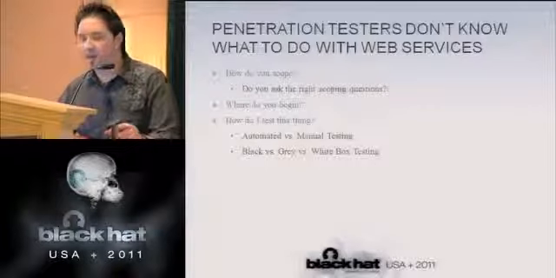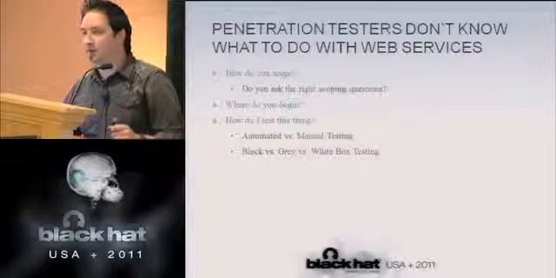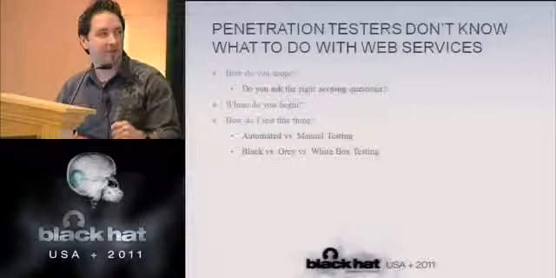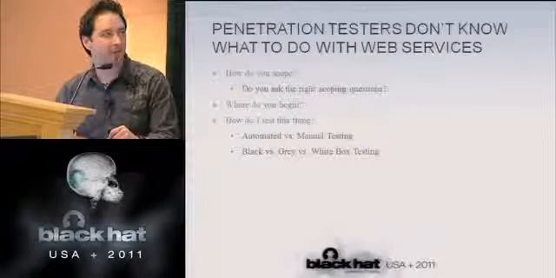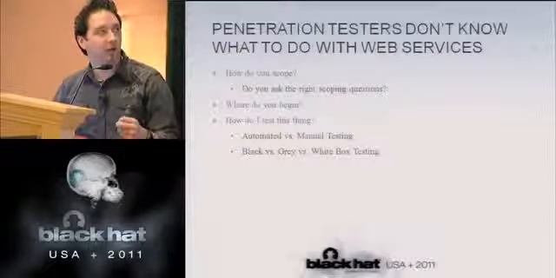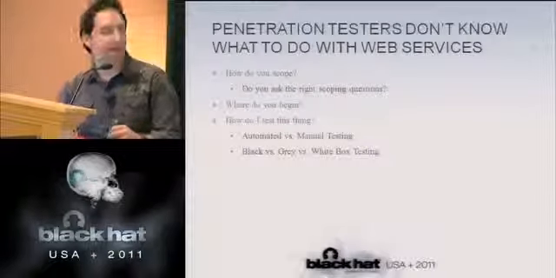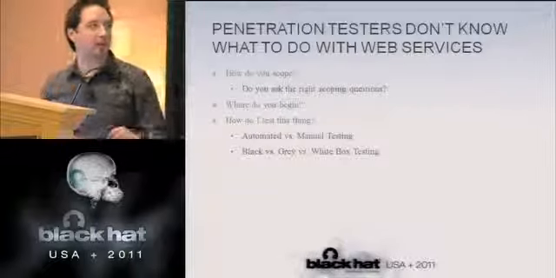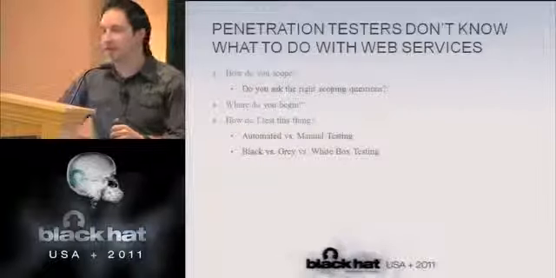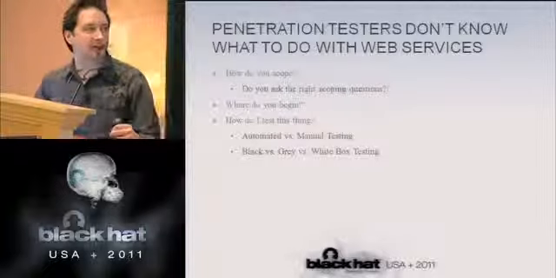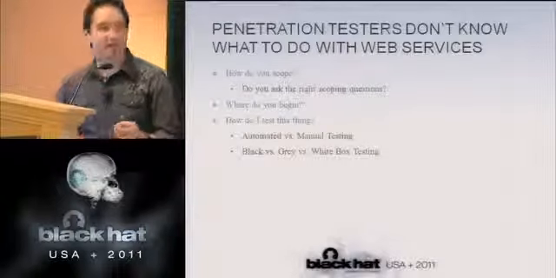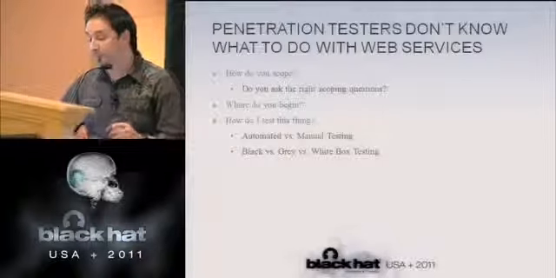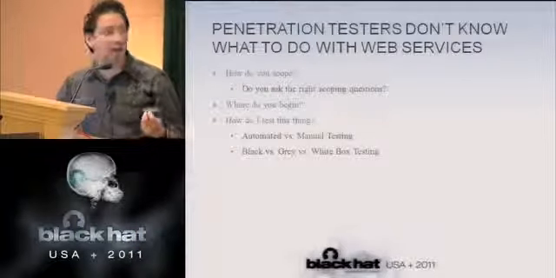As a pen tester, I need to ask the client the right questions: what kind of service is this? Give me documentation, usernames, passwords, authorization. I need all of this before I even begin any testing. But how do you even begin? For a pen tester who has never seen a web service or researched it themselves, it can be very challenging because it's quite different from a traditional web application. Then it comes down to, how do I test this?